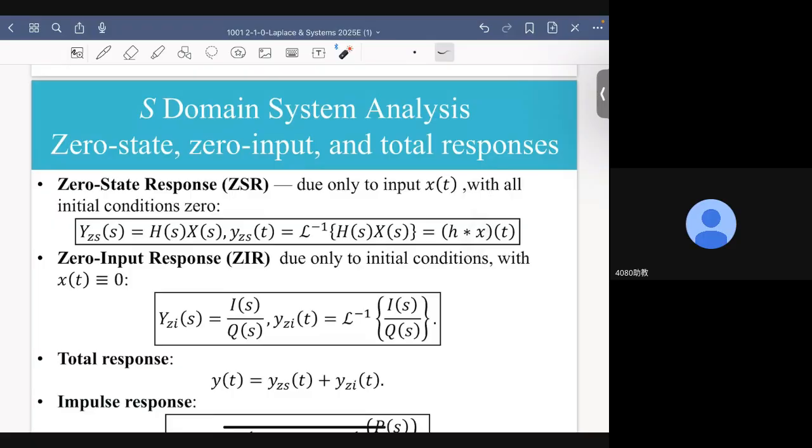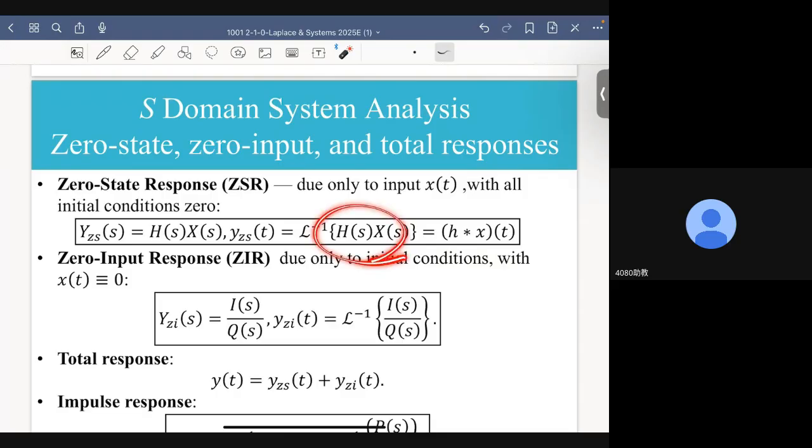All right. So if you take the inverse Laplace transform of the product of two functions in the s domain, what you will end up with is the convolution integral of these two signals represented in the time domain.